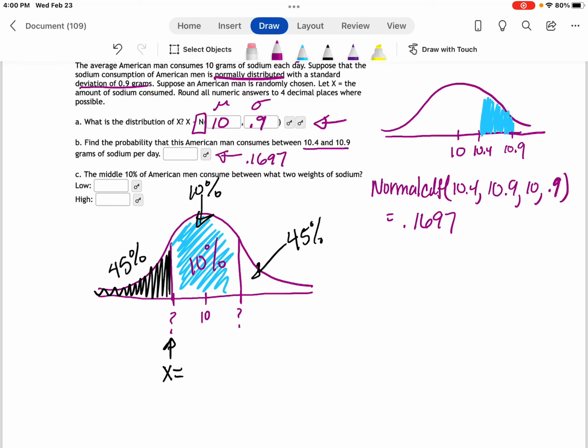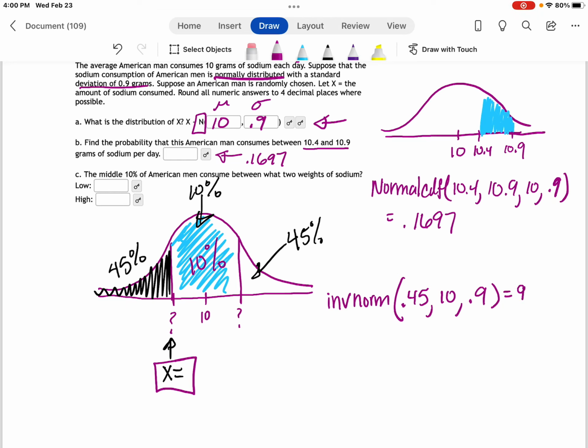So now I can use inverse norm, and since I'm looking for this X right here that I just boxed, first I want to put in 0.45 for my percentile, and then I put in my mean, which is 10, and my standard deviation, which is 0.9.